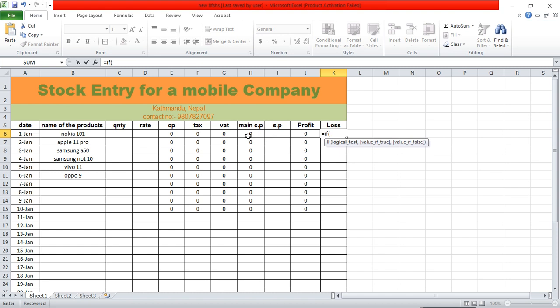So the condition will be, if cost price is bigger than selling price, then cost price minus selling price, or else show 0. Bracket close, press enter, set it for the rest.